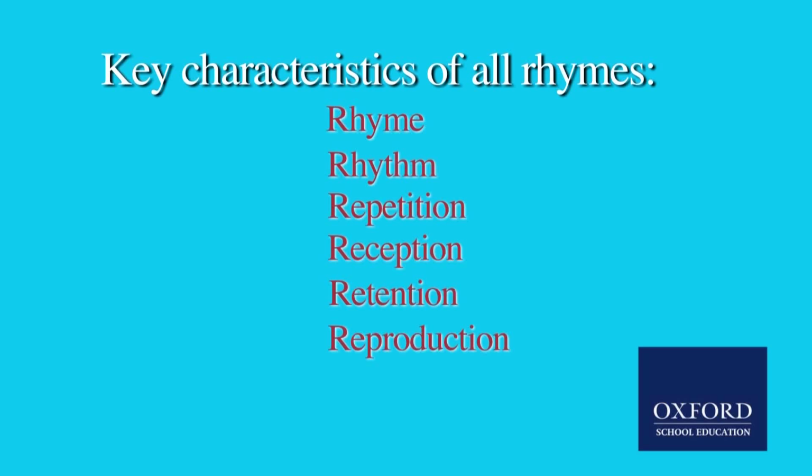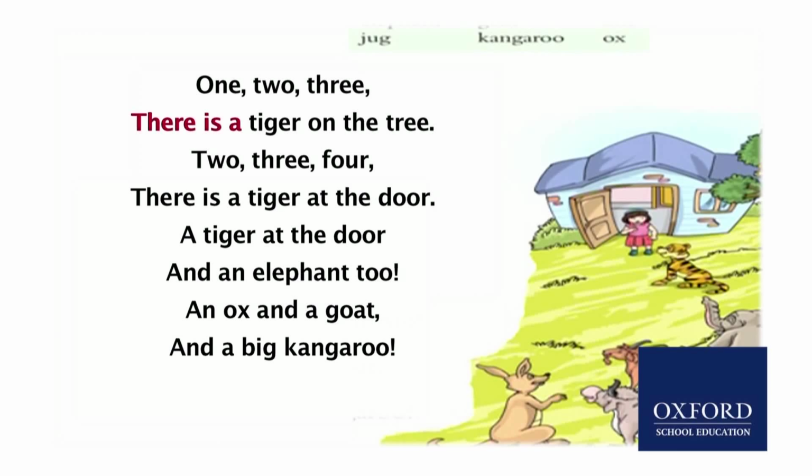Another important feature of rhyme is that they contextualize language. In the 1, 2, 3 rhyme, we have 1, 2, 3, there is a, 2, 3, 4, there is a. We have prepositions, a tiger at the door, a tiger on the tree, and we have a number of animals and sound clusters.